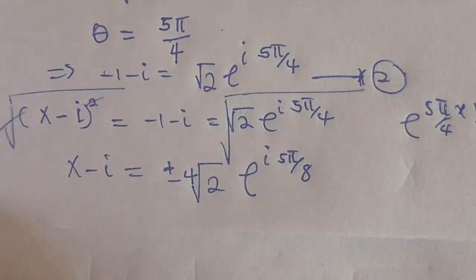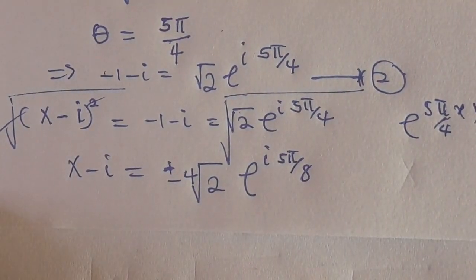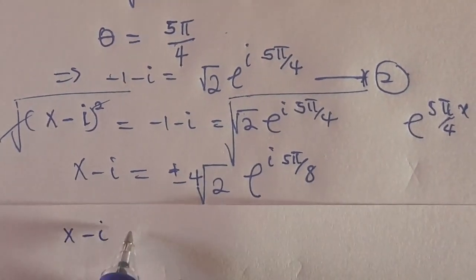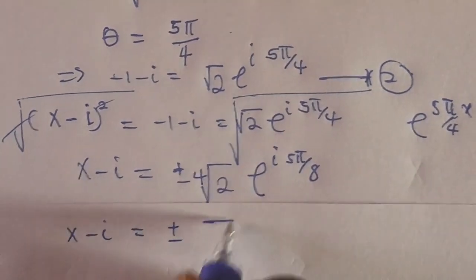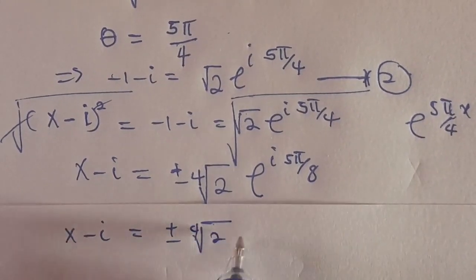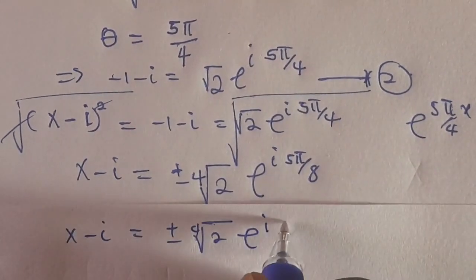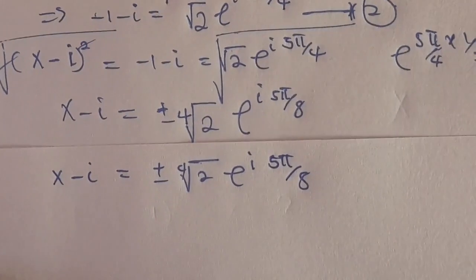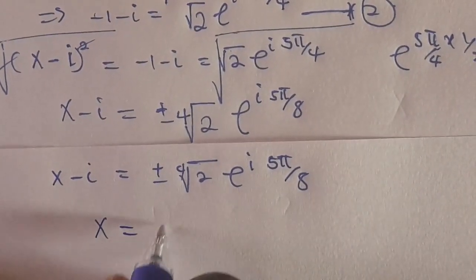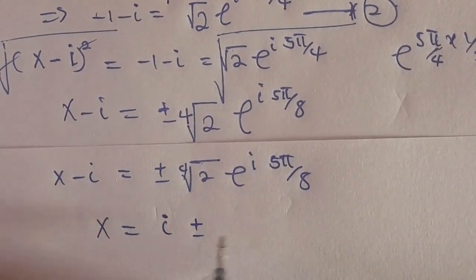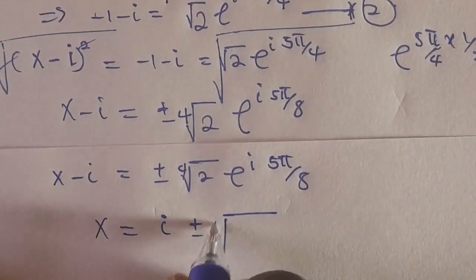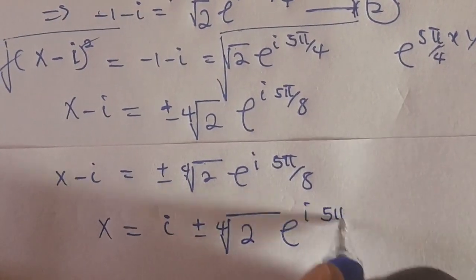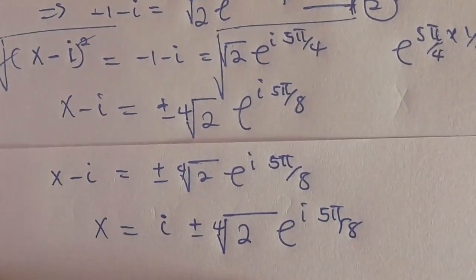So we have x minus i equals positive or negative the fourth root of 2 e to the power of i 5 pi divided by 8. And so x equals i plus or minus the fourth root of 2 e to the power of i 5 pi divided by 8.